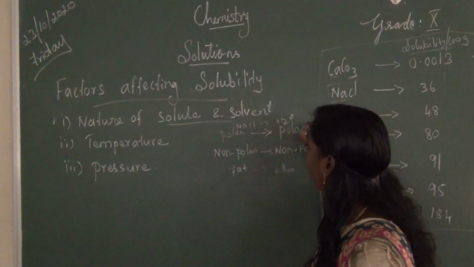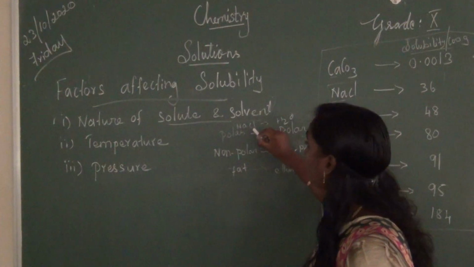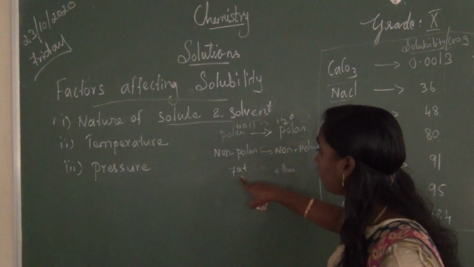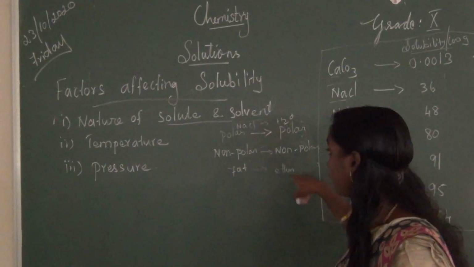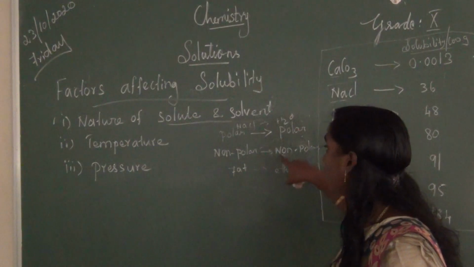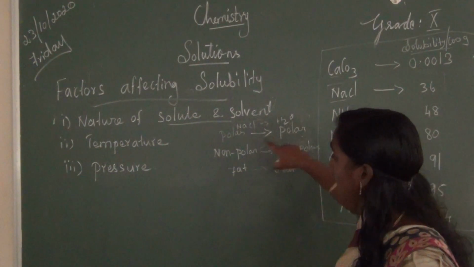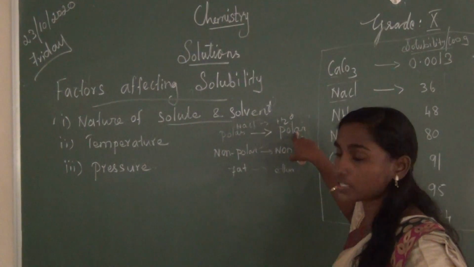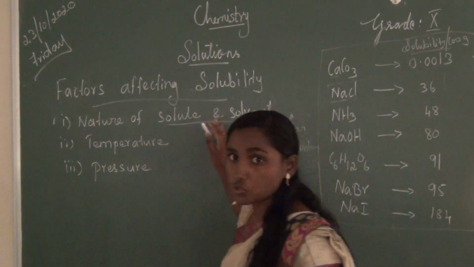The polar example is sodium chloride dissolving in water. The non-polar example is fat dissolving in ether. Polar compounds do not dissolve in non-polar solvent, and non-polar compounds do not dissolve in polar solvent. Have you understood the first one?